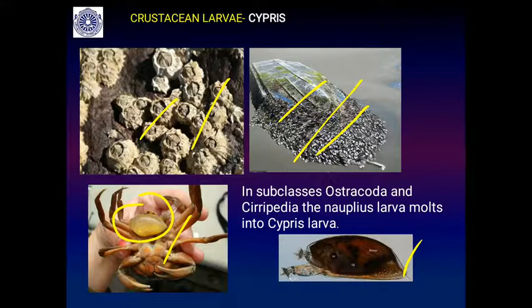It's a parasite on the crab. All these unique animals belong to the class Crustacea, and they have the larval stage called Cypris larva. Nauplius is the first larval stage, and Nauplius grows and undergoes molting, which gives rise to the larval stage Cypris larva.